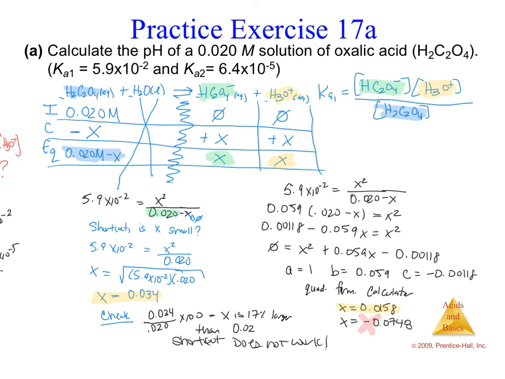So lastly, we're asked to solve for the pH of this problem. So again, the first thing I did was realize I had to use the quadratic. The second thing I did was using the quadratic. And now the third thing I'm going to do is use my pH equals negative log of hydronium at equilibrium. I know that's just my x value, so pH equals negative log of x, which is my 0.0158.